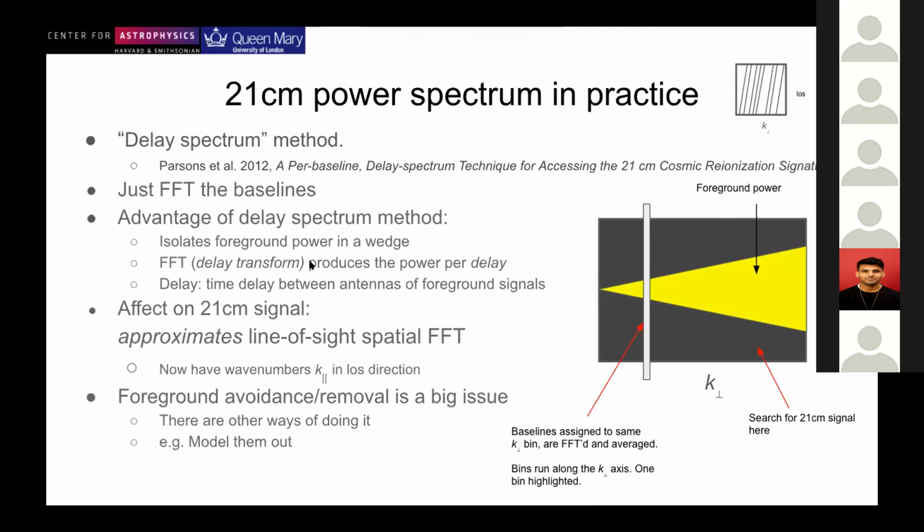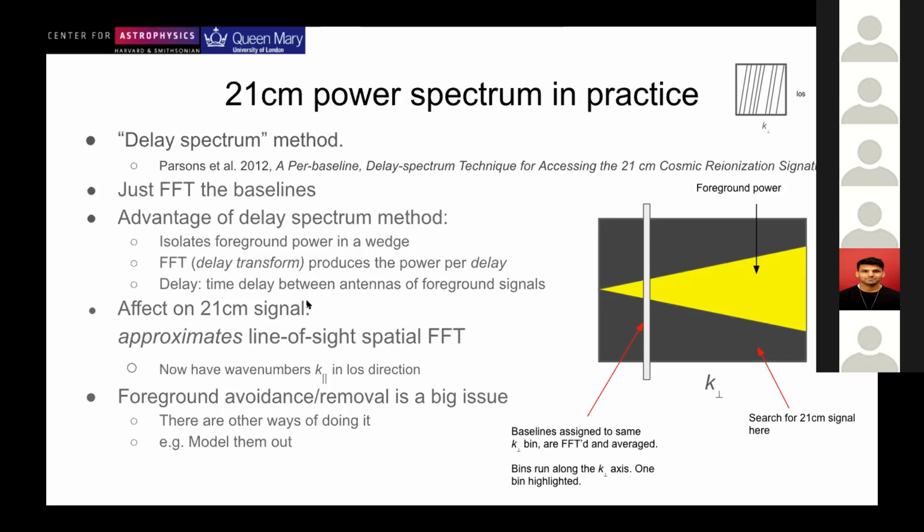The Fourier transform is a delay transform, and it produces power per delay. The delay is just the time delay between antennas in baselines of foreground signals. So we get this nice foreground isolation in the wedge.